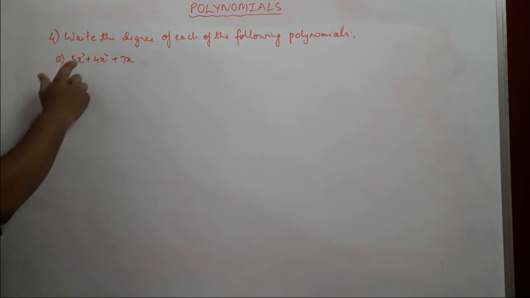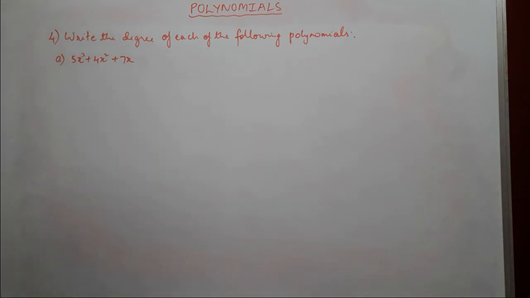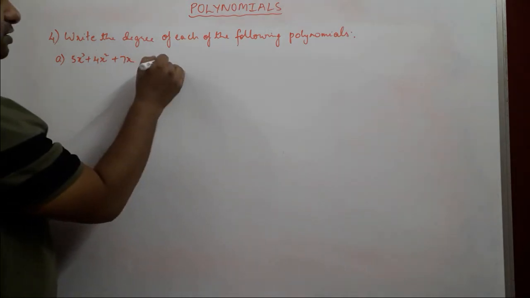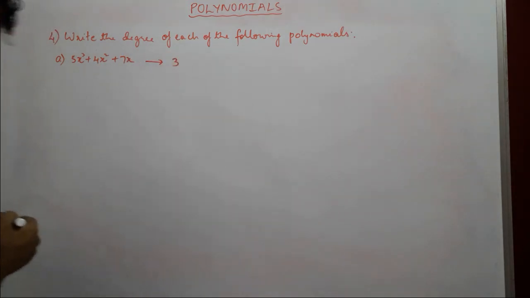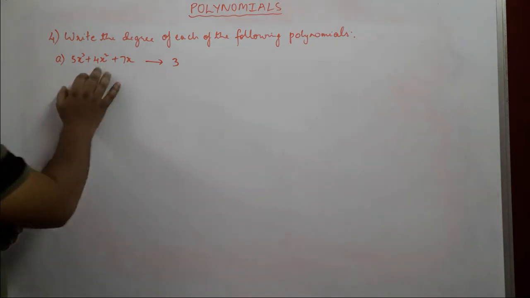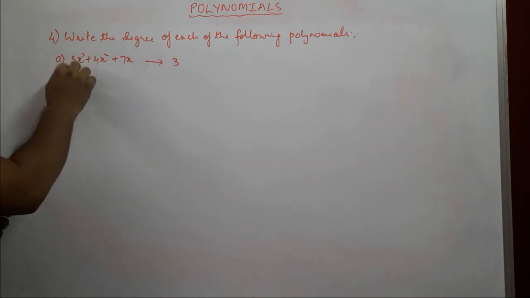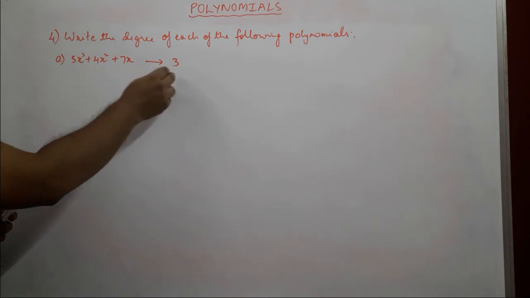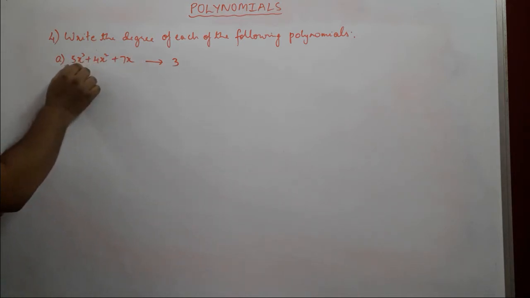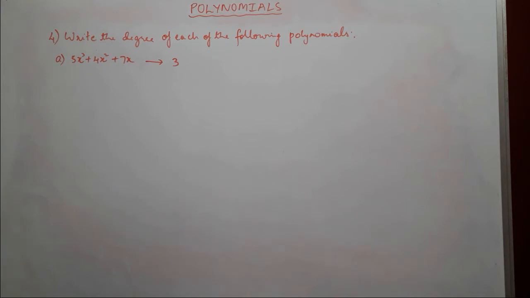So 3 is the highest degree, so we put the degree over here as 3. Or if we write it in a sentence, the highest power in this polynomial is 3 because of this term 5x raised to cube.